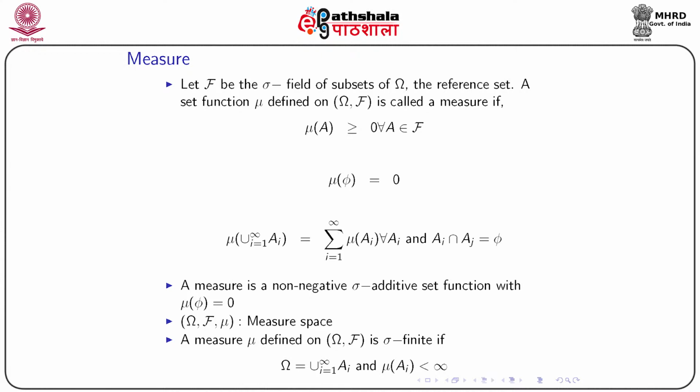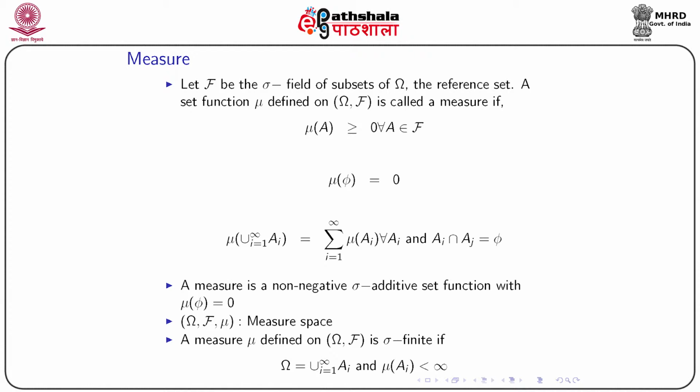The second condition is that if we are considering a null set, then the measure of the null set will be 0. And the third condition is that mu of the union over i from 1 to infinity of A_i, a countable union over all sets, which results in a set, and the value of the set function on this set will be the sum of their individual set functions if the sets are mutually disjoint.